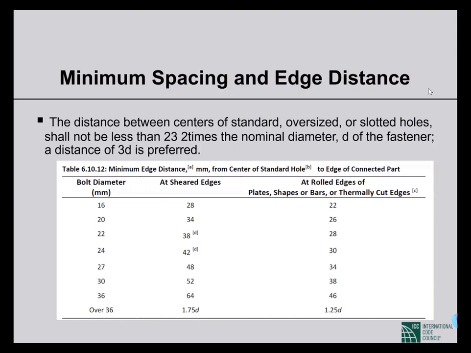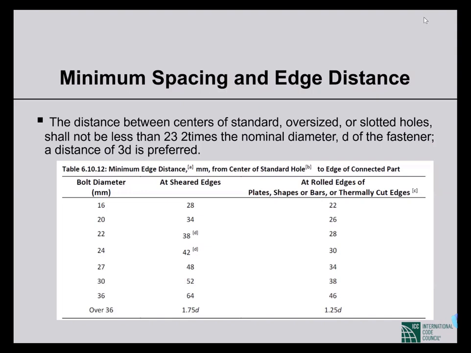Then we come to minimum spacing and edge distance, right? So what should be the minimum spacing of holes, the center to center distance of bolts, and what should be the minimum distance from the edge of the plate? The distance between centers of standard, oversized, or slotted holes shall not be less than, there's some mistake here, 2 times the nominal diameter d of the fastener.